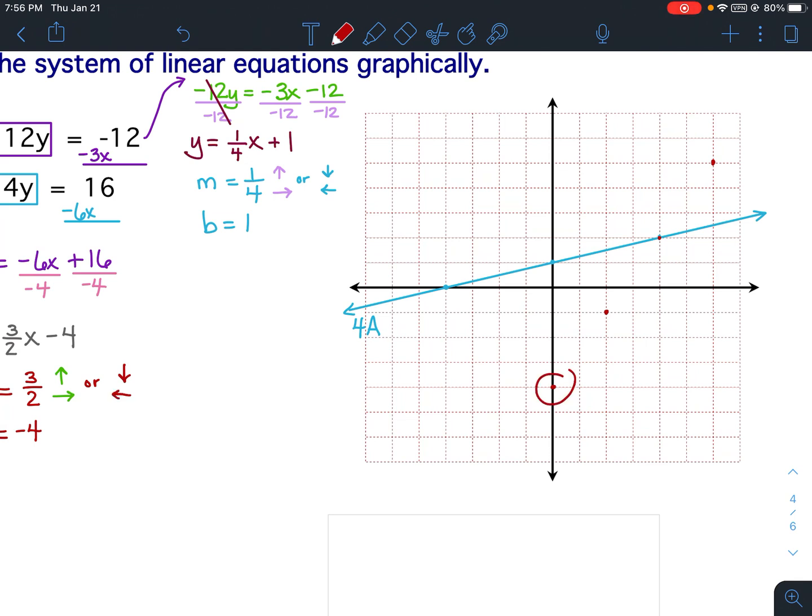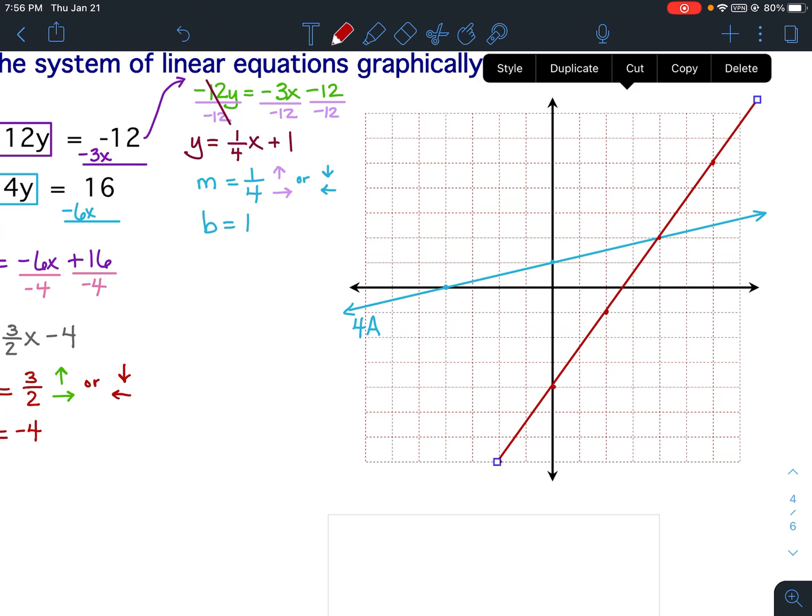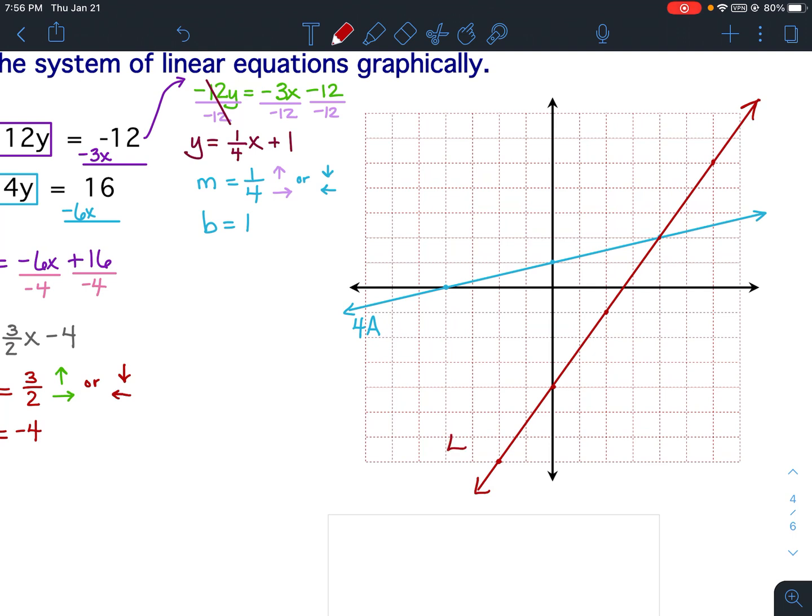So go back to your original point, go down 3 and to the left 2. Put arrows at the end and label this 4B.